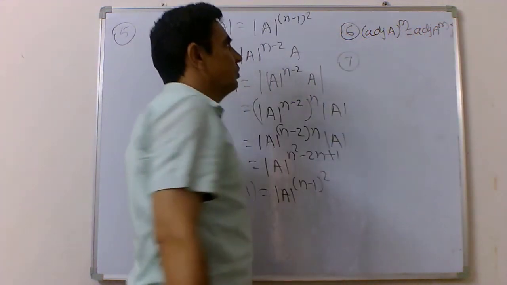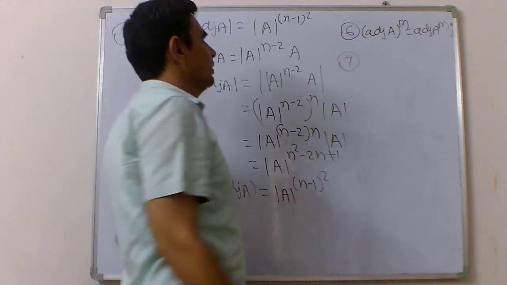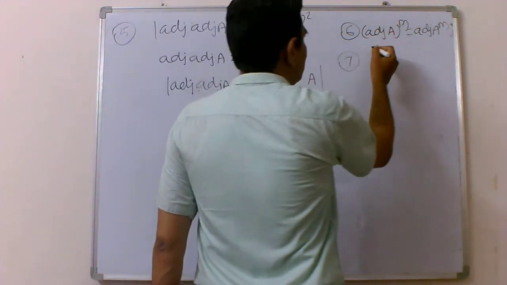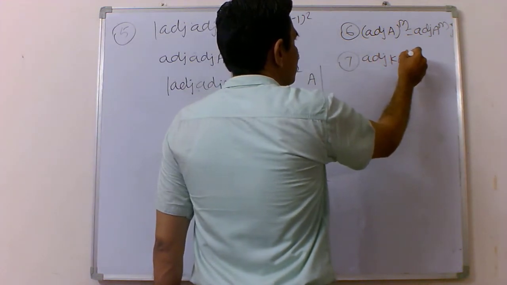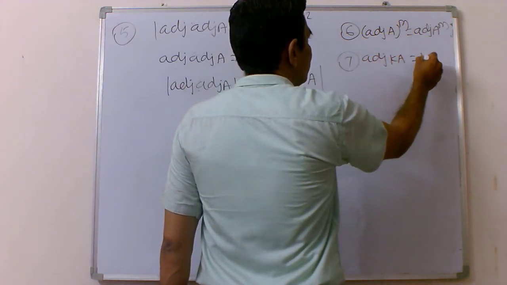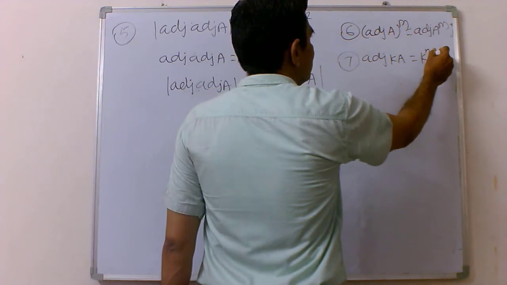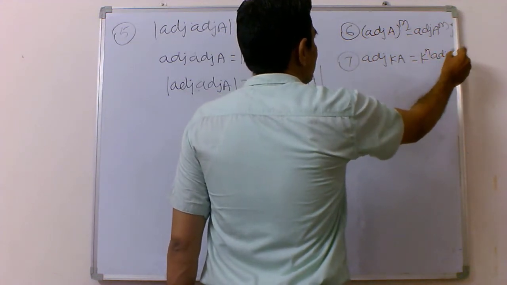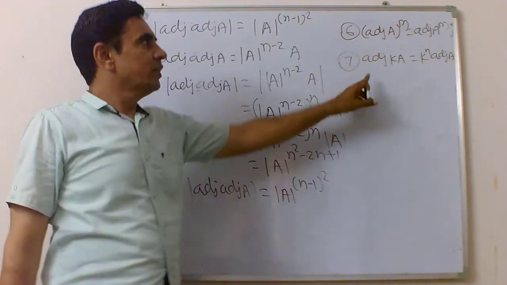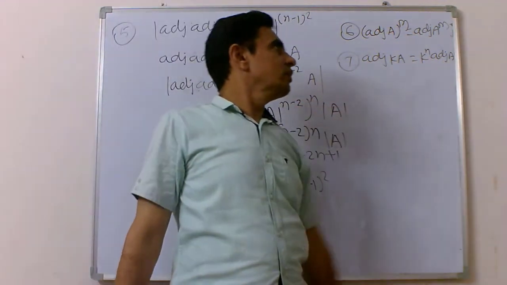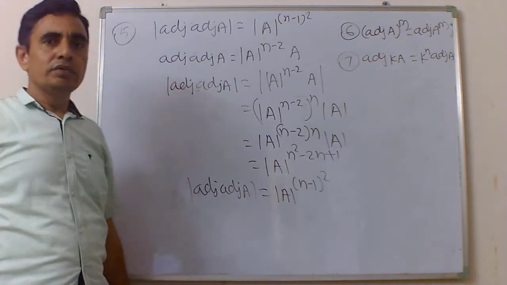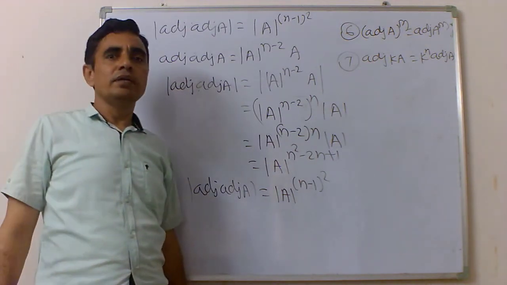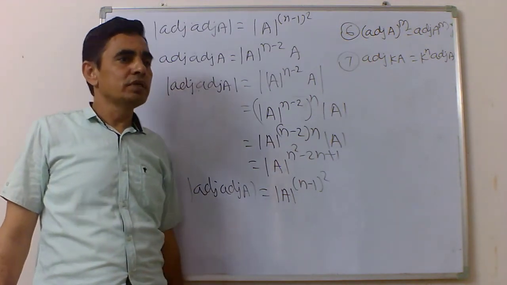This is a simple property. Next, 7th property: adjoint of kA is equal to k raised to power n into adjoint of A. These are the properties of adjoint of matrix. These properties are very important to solve the MCQs.